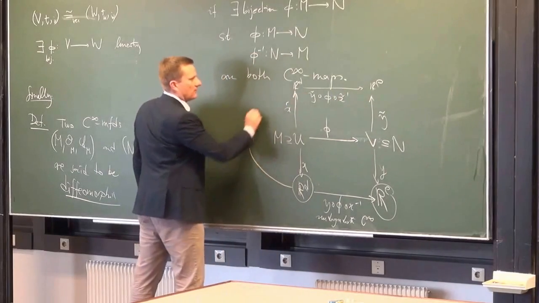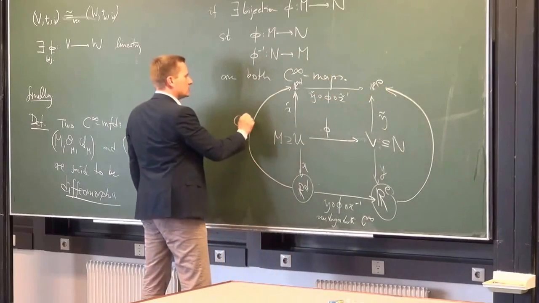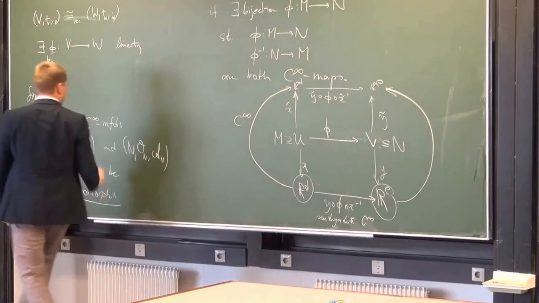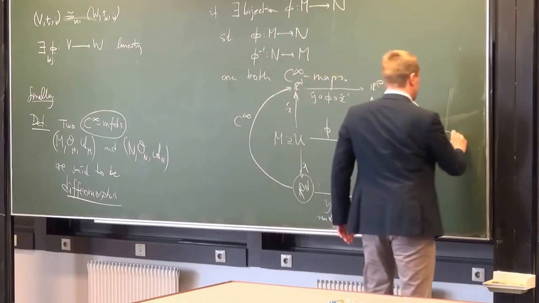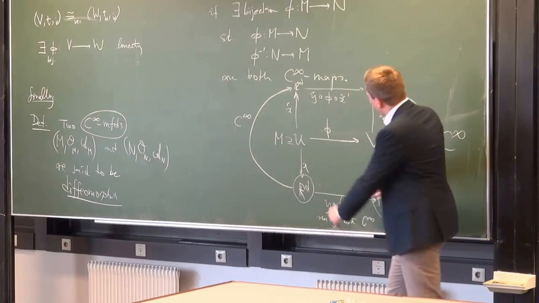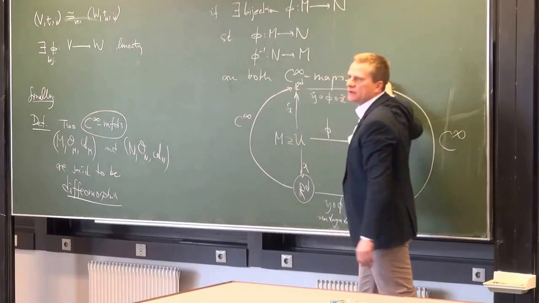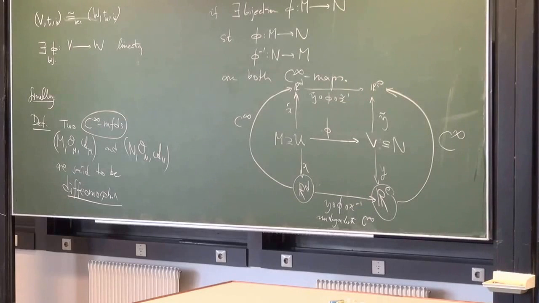But we already know, because we have a chart transition map here and a chart transition map here, which, because we started with C infinity manifolds, you know are undergraduate C infinity, and this undergraduate C infinity will be preserved if I lift it up to here. The diagram gets bigger and the principle is always the same. Okay?